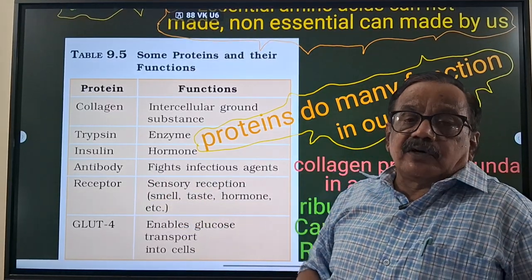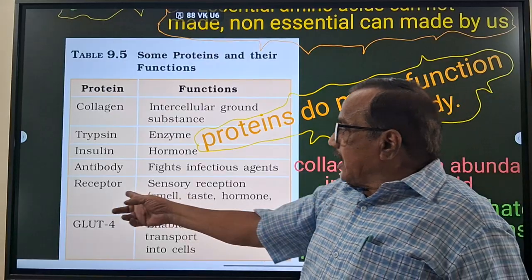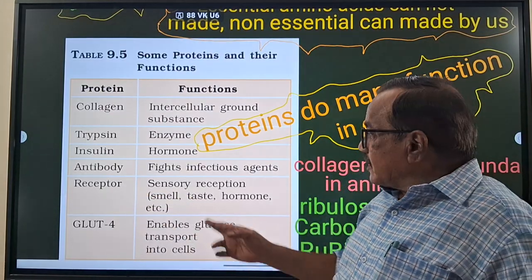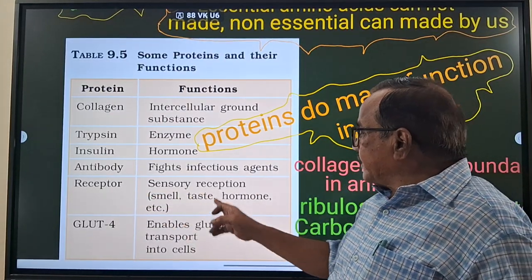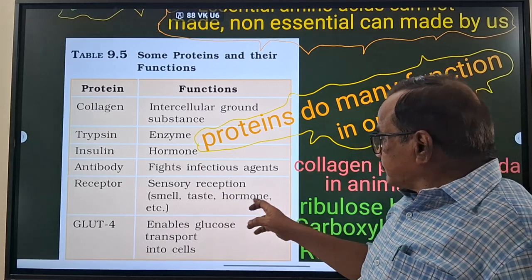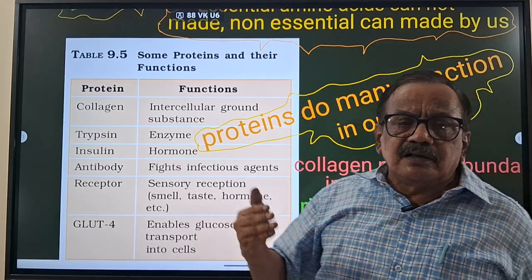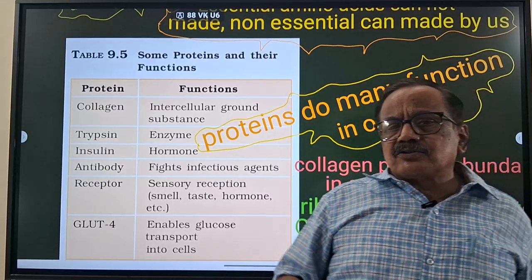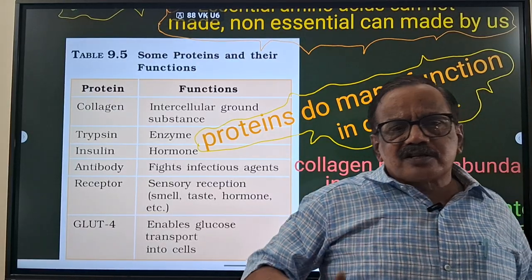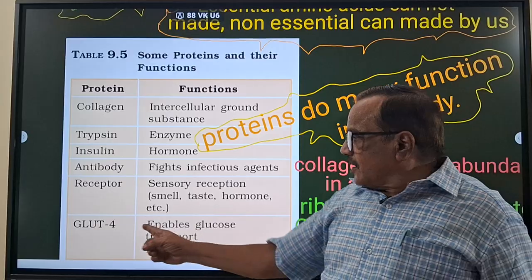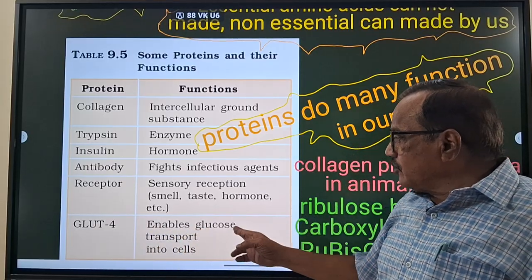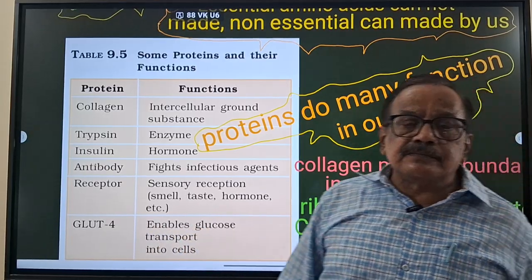Remember all these things. Receptors, meaning sensory receptors for smell, taste, and hormones, all these sensory organs work based on proteins. And GLUT4 enables glucose transport into the cell.